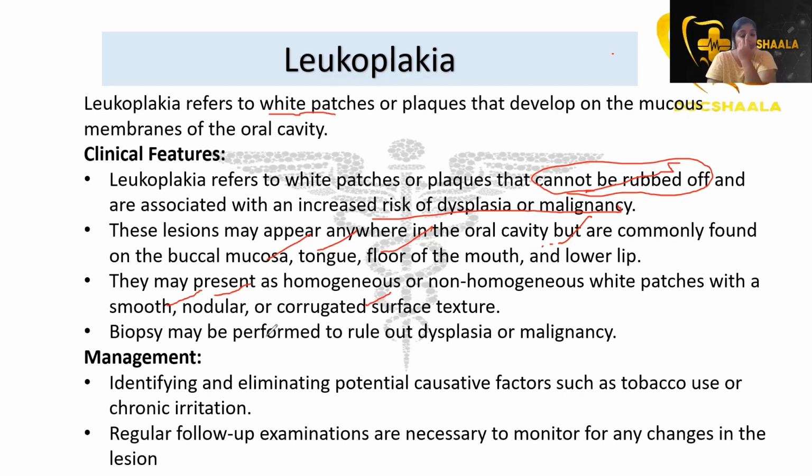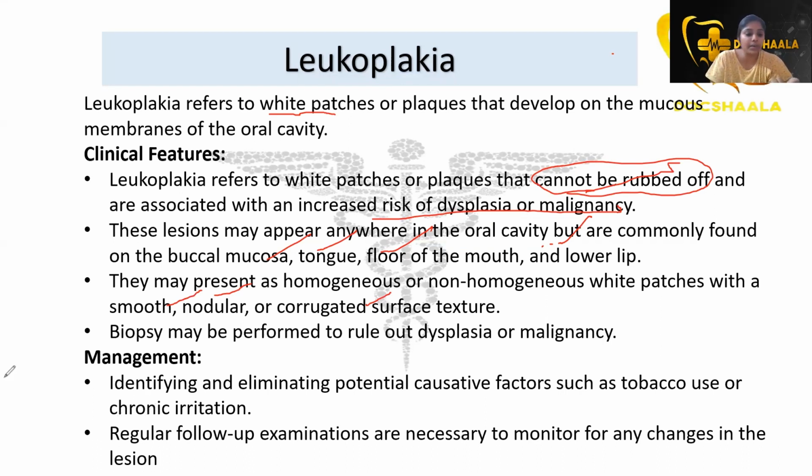Biopsy may be performed to rule out malignancy. Management depends upon the causative factor, and we have to avoid that. Especially tobacco usage, alcohol usage, chronic irritation from dentures, or chronic irritation from an opposing tooth can also lead to leukoplakia.